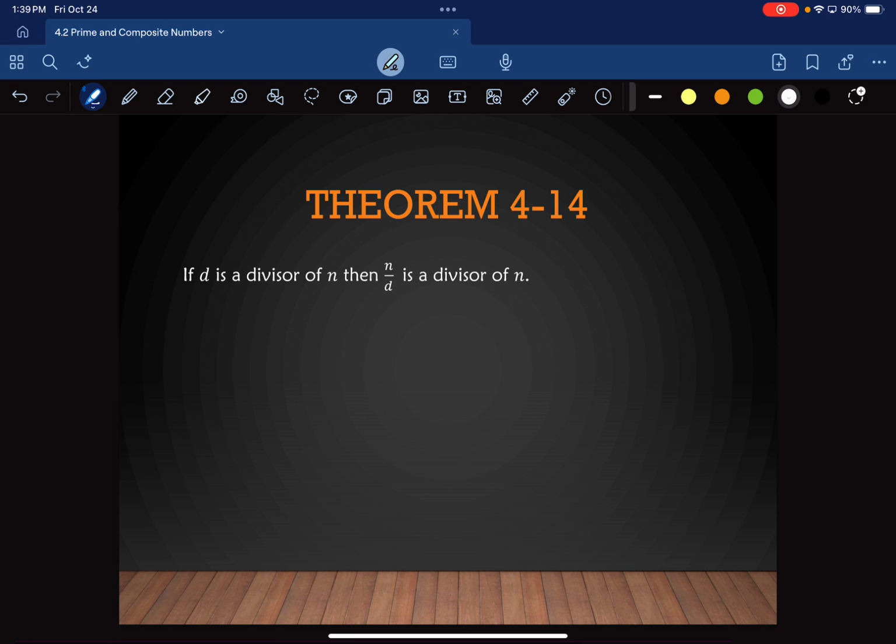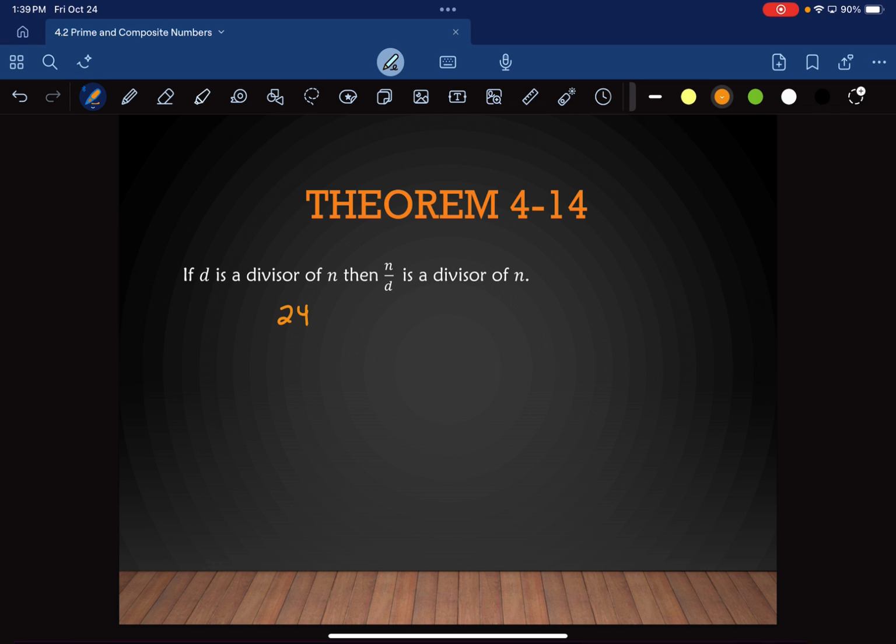414 says that if D is a divisor of N, then N divided by D is a divisor of N. And aside from the fact that it looks funny because there's N's and D's in it, we've done this too. Back in section 1, we had 24 at one point, and it had a question that asked us to tell all the divisors of 24. Nod your head if you remember that.